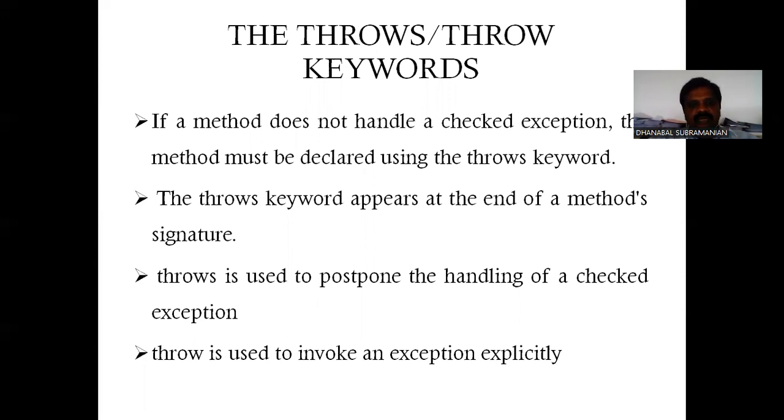If a method does not handle a checked exception, then the method must be declared using the throws keyword. The throws keyword appears at the end of your method signature. Throws is used to postpone the handling of a checked exception. Throw is used to invoke an exception explicitly.